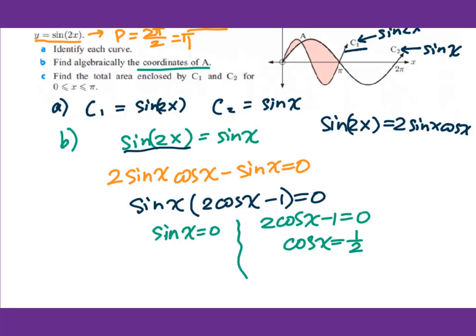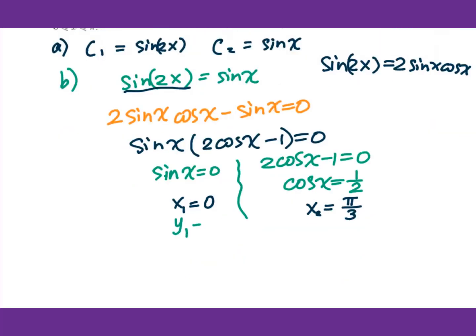Therefore, since the domain for x is between 0 to pi, for this x will be pi over 3. This x will be 0. So x1 equals 0, x2 equals pi over 3.